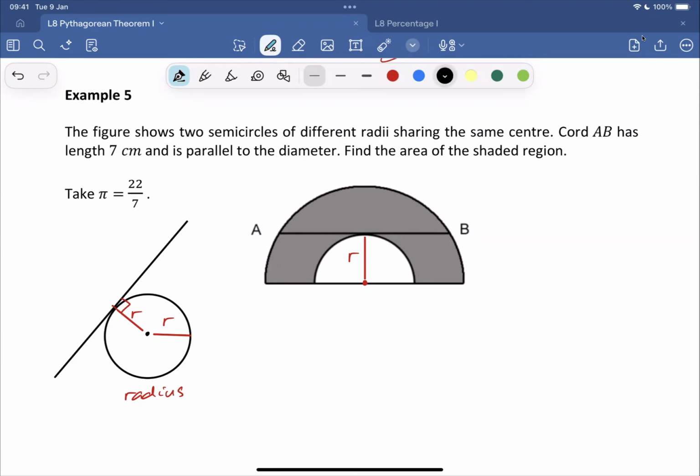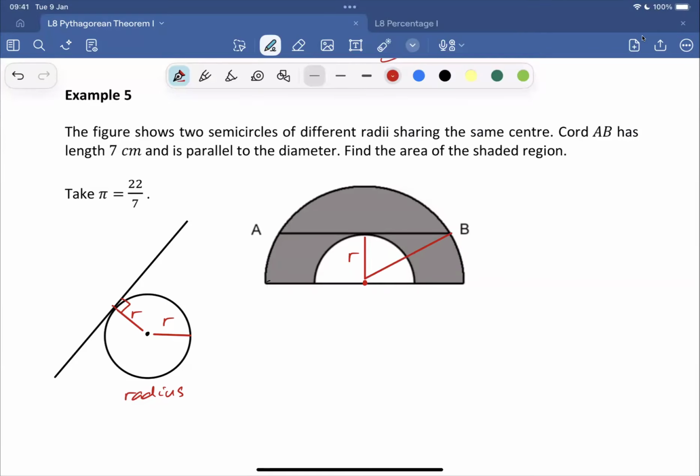Now, let's look at the big semicircle. Does it have the same center? Yes, definitely. So if I were to draw a line from the center of the big semicircle touching the circumference, then can I also say that this is the radius?